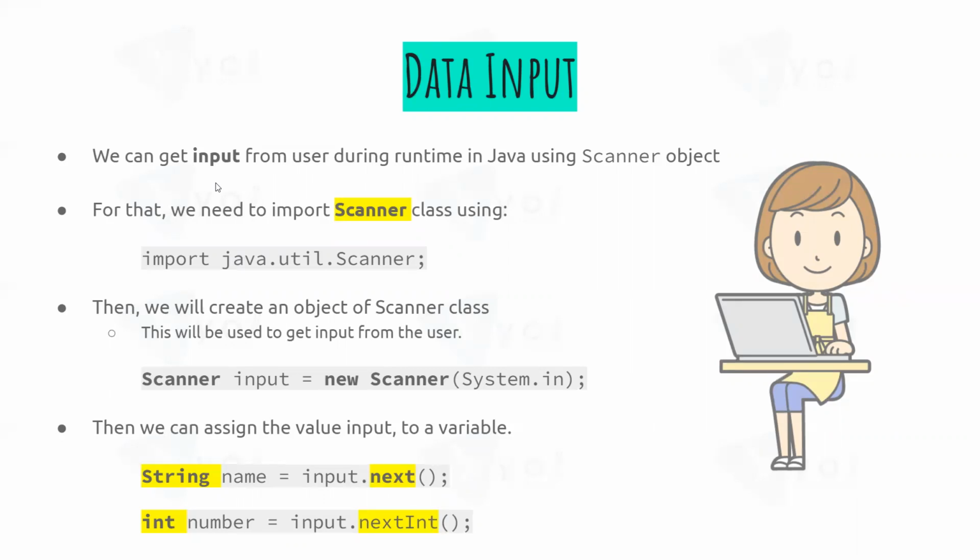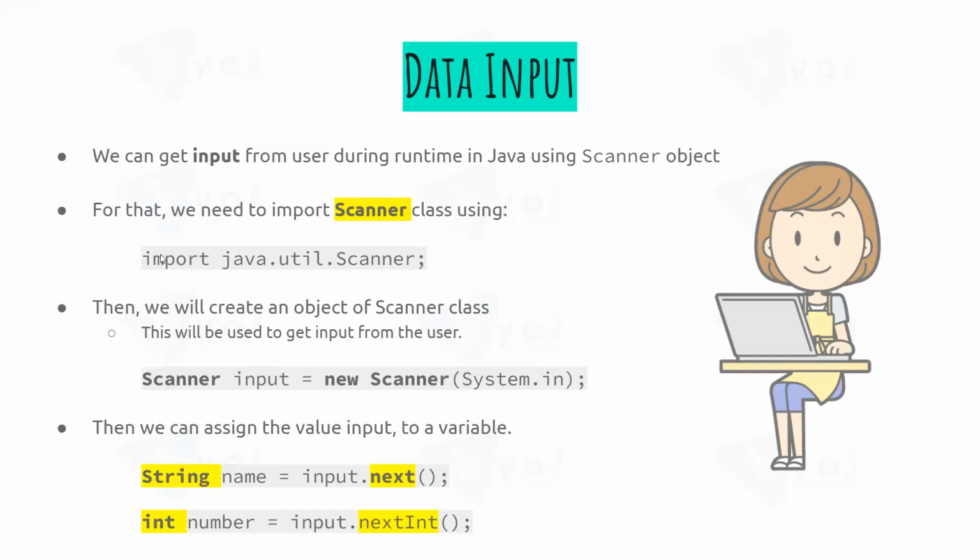Now, one thing to understand is that the scanner class comes with Java. The only thing we need to do is just to import it to our code, so we can actually use it and build an object out of it. So there are 3 steps. The first step is to import java.util.Scanner, the scanner class from the utility package that comes with Java.